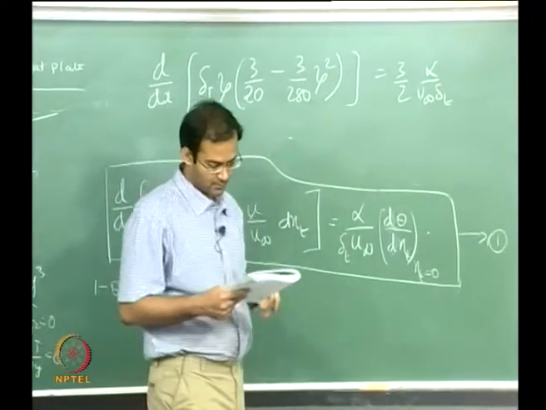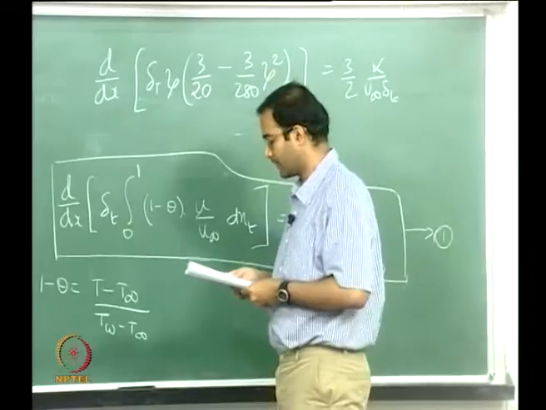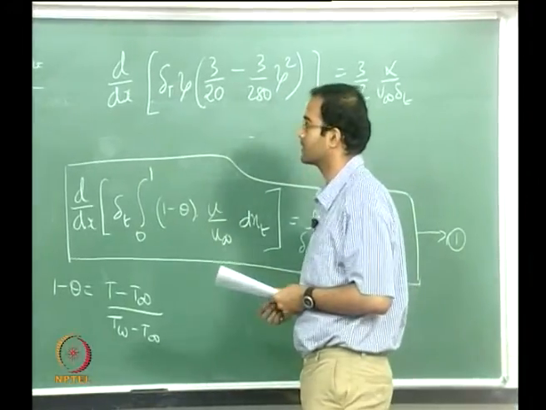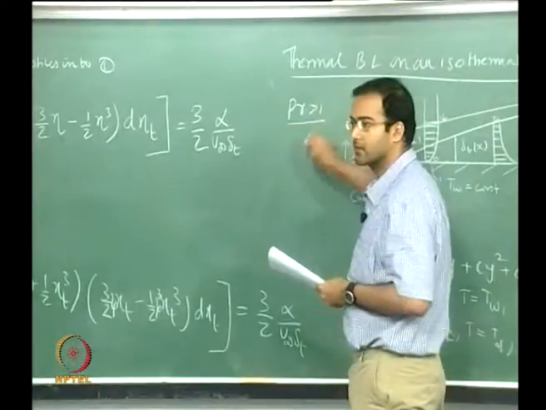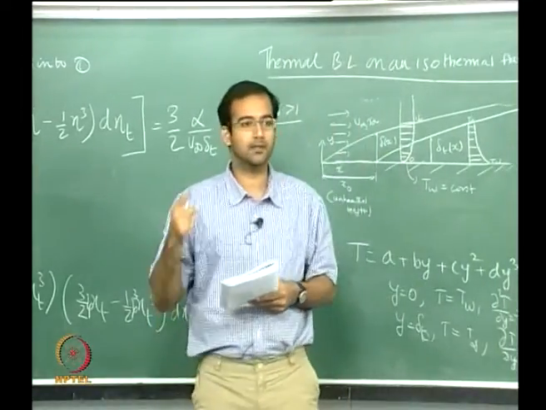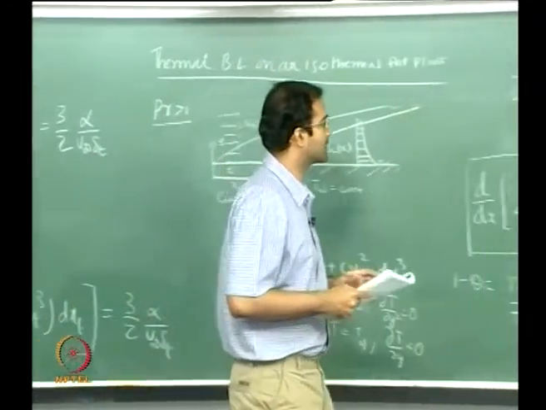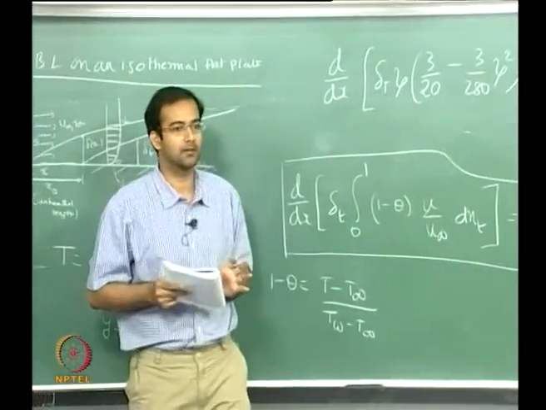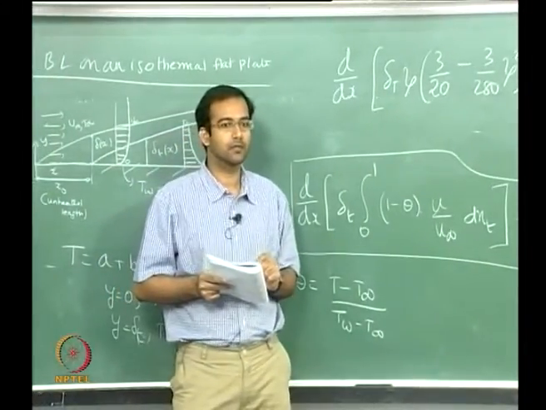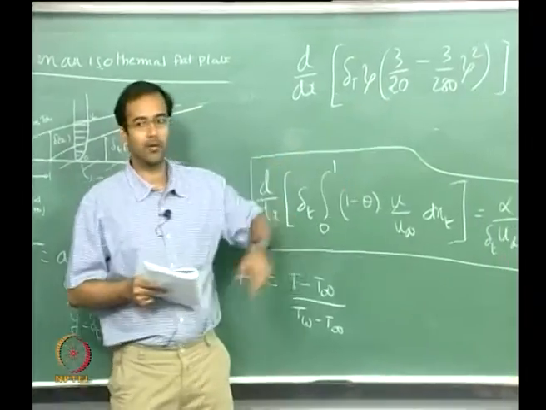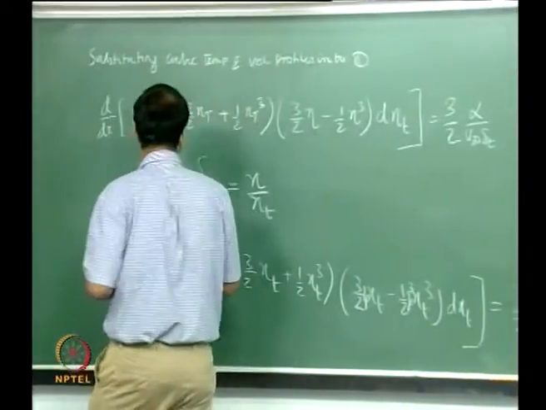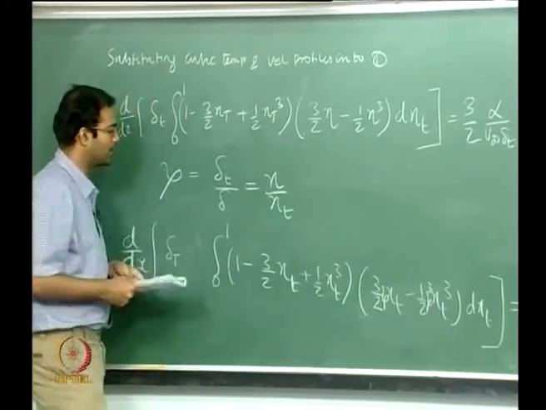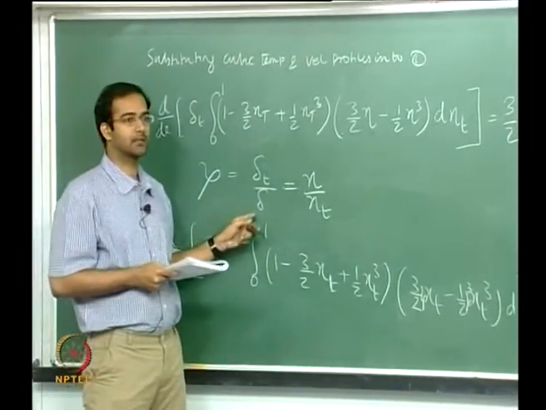From here we can make an approximation. Already I said this is for a case where Prandtl number is greater than 1. So far we have not introduced any approximation on the Prandtl number. If Prandtl number is greater than 1, what should delta t be with respect to delta?